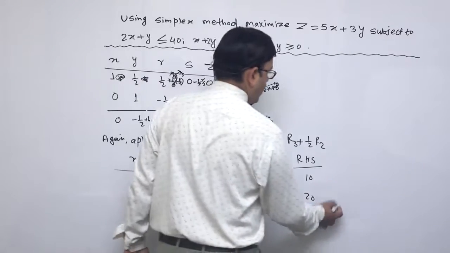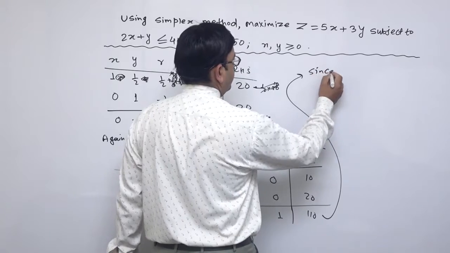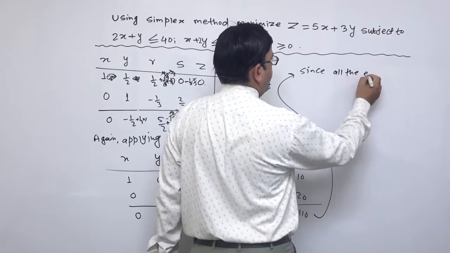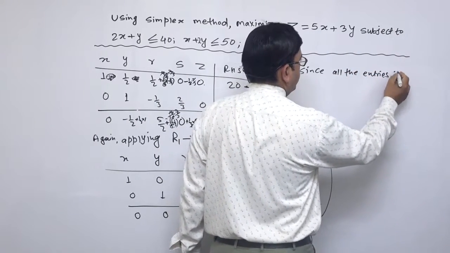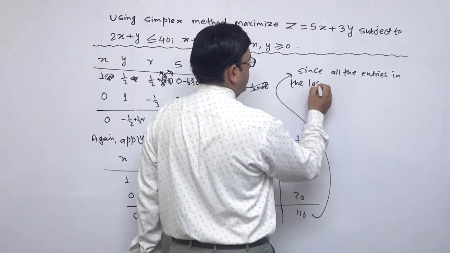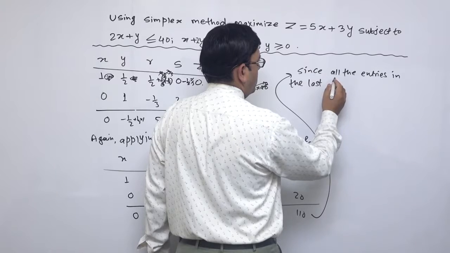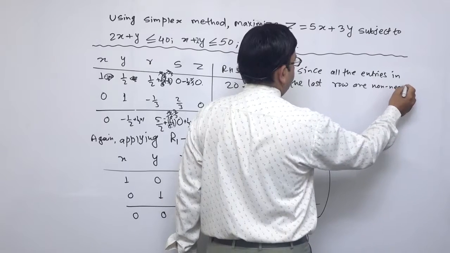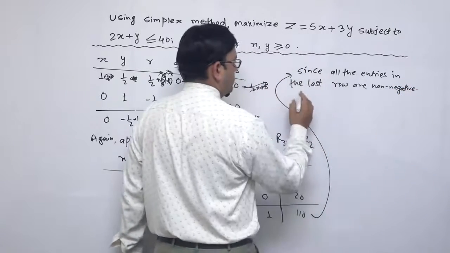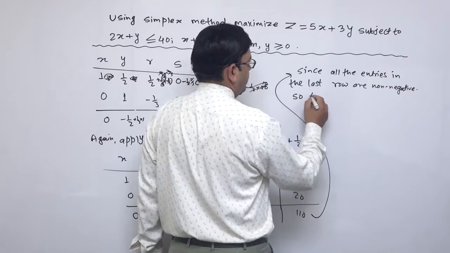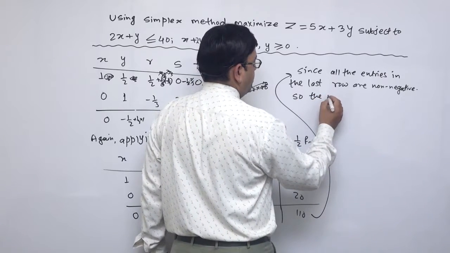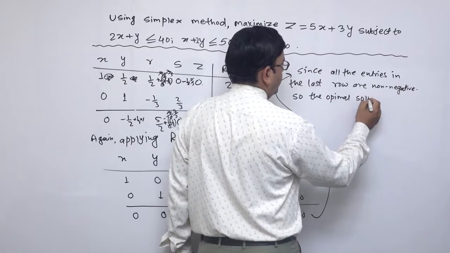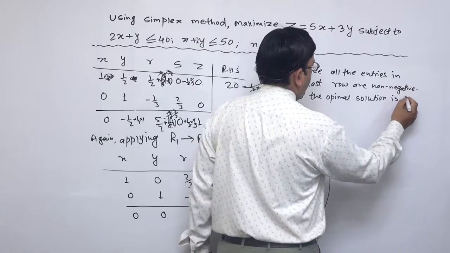Therefore, let us write: since all the entries in the last row are non-negative, the optimal solution is obtained.